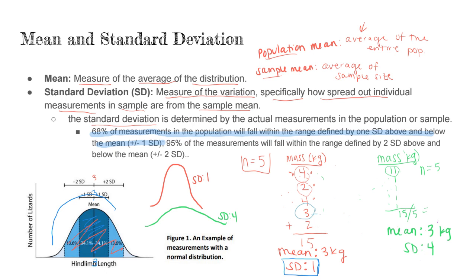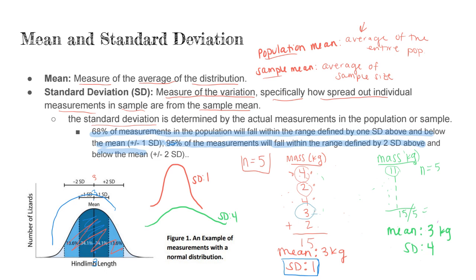And you come back up here and highlight this. Here is where it says that 95% of the measurements will fall within the range defined by 2 standard deviations above and below the mean. And this graph is not really showing it, but I kind of drew little examples right here.